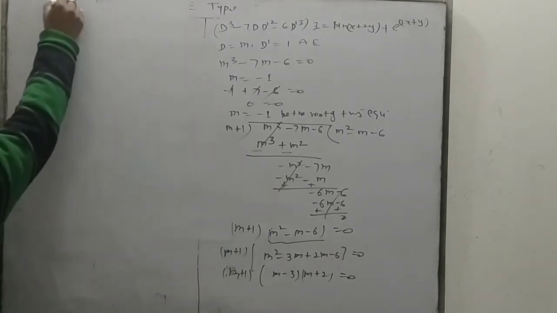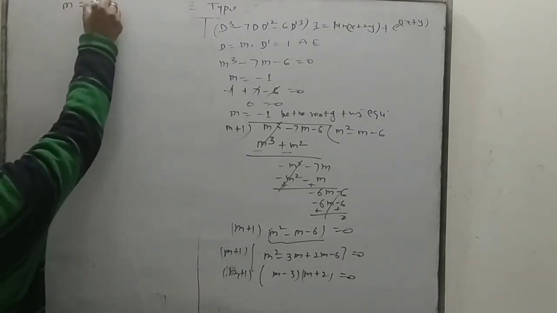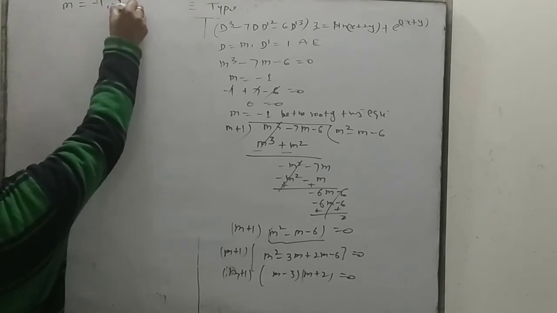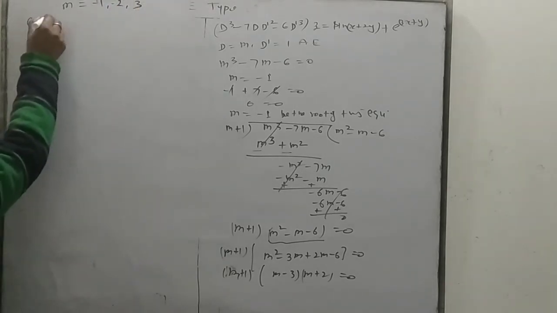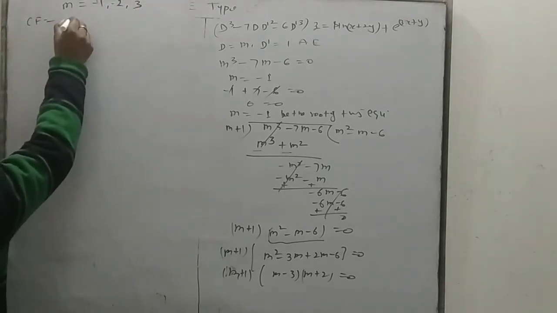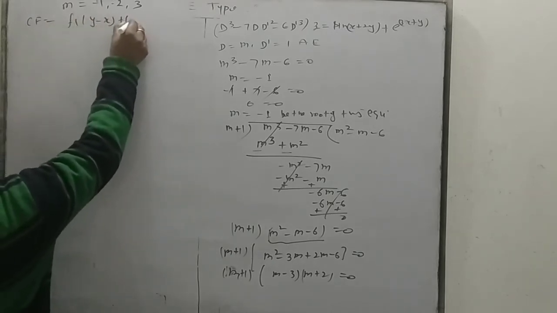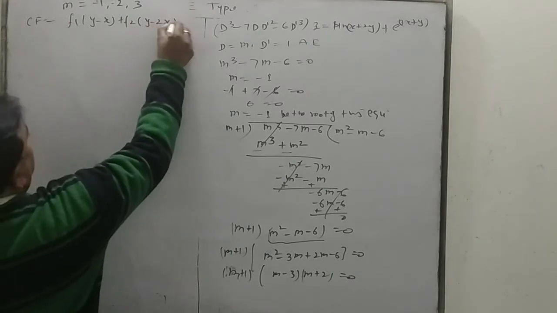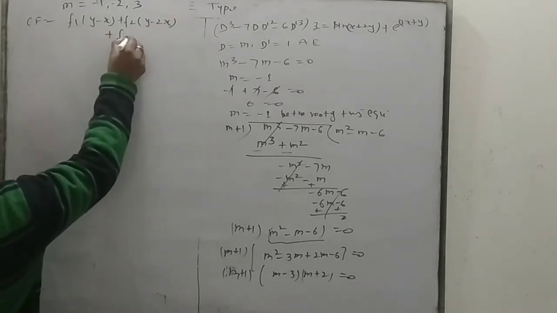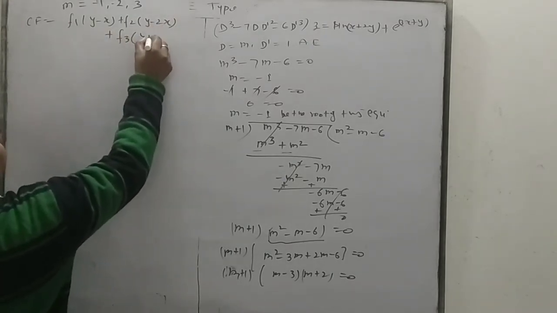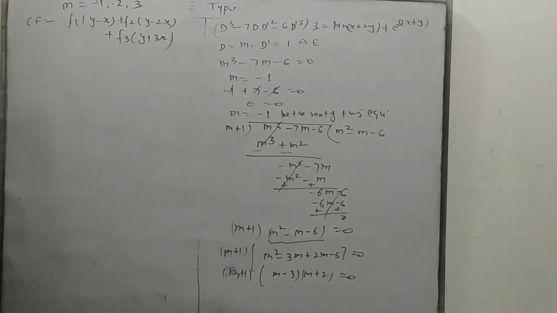Then the values of m are minus 1, minus 2 and 3. Then CF equal to f1(y minus x) plus f2(y minus 2x) plus f3(y plus 3x).